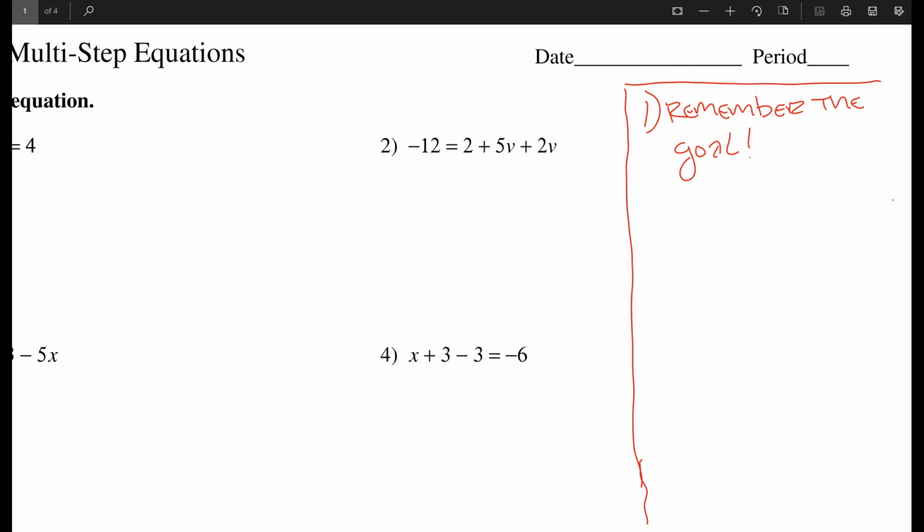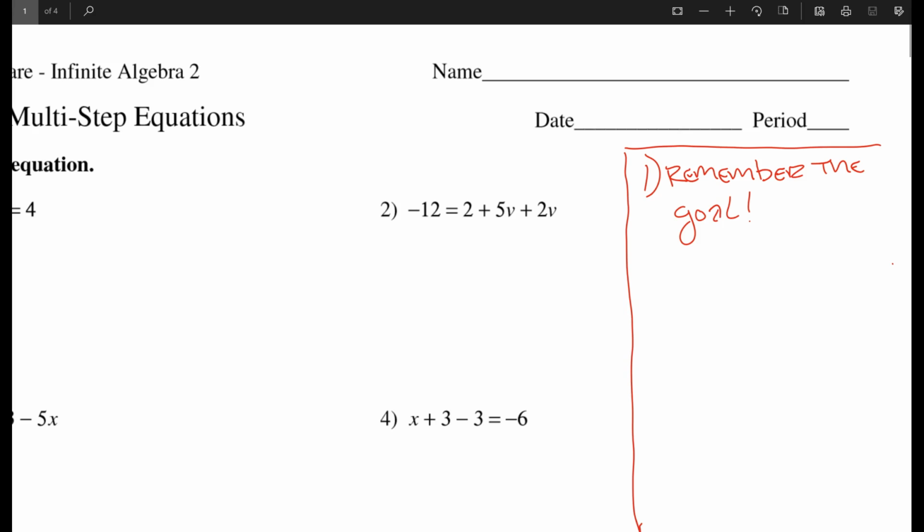The goal is for us to get our variable on one side of the equal sign and all the numbers, the constants, on the other side.